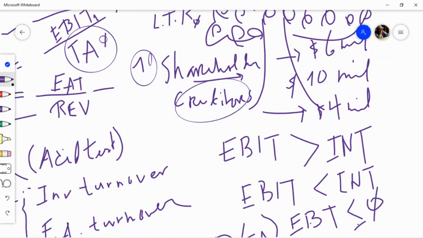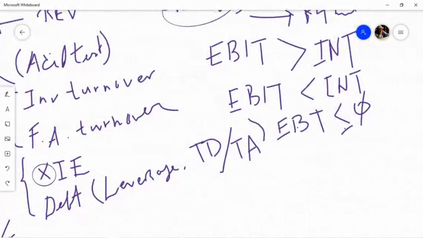If EBT is zero or negative, you cannot pay taxes, right?